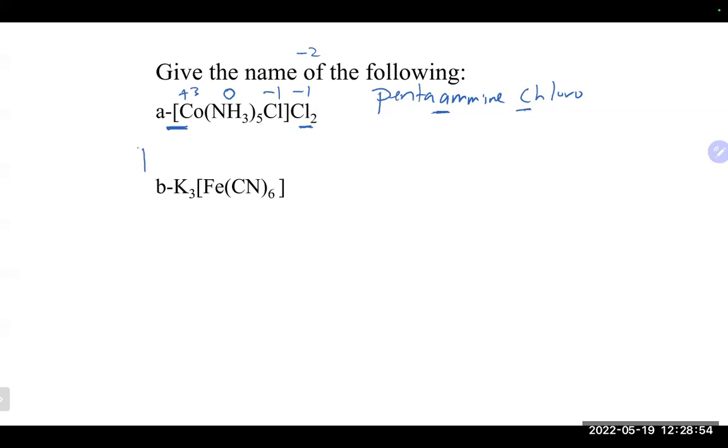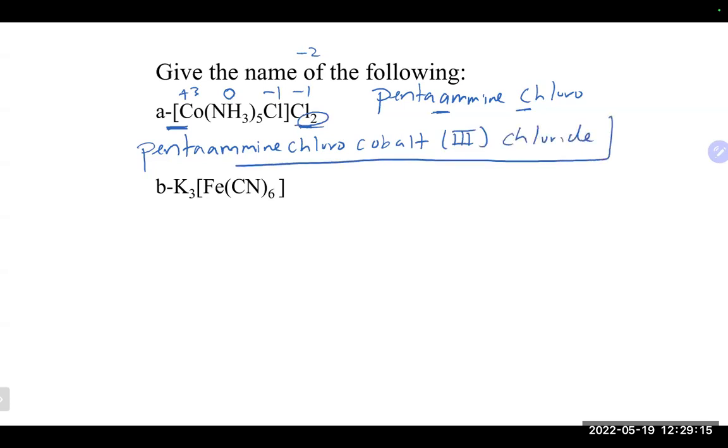So putting this together would give us a pentaammine chloro. We use the whole name there, which is cobalt, Roman numeral 3. And once again, even though there's 2 of them there, it's just going to be called chloride at the end there. Any question on that name there?